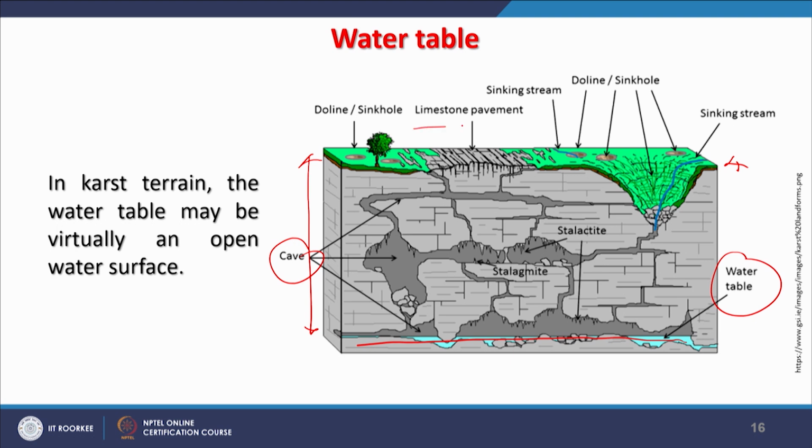This is the limestone pavement, and sinkholes, all these things are common in limestone terrain, and a lot of surface subsidence occurs because of the movement of water, and water can dissolve calcium carbonate easily. That is why these cavities and caves are formed in a large form.